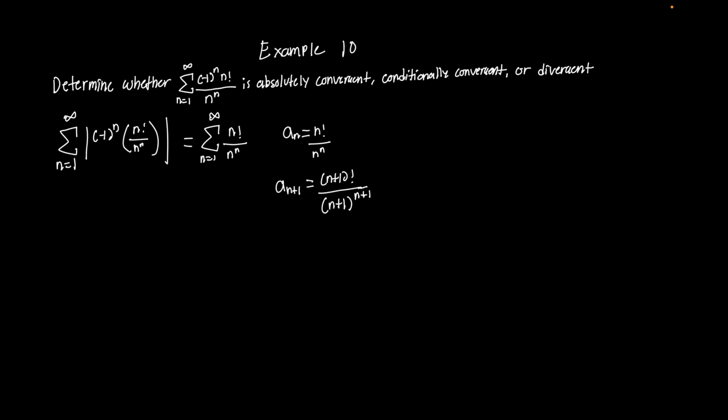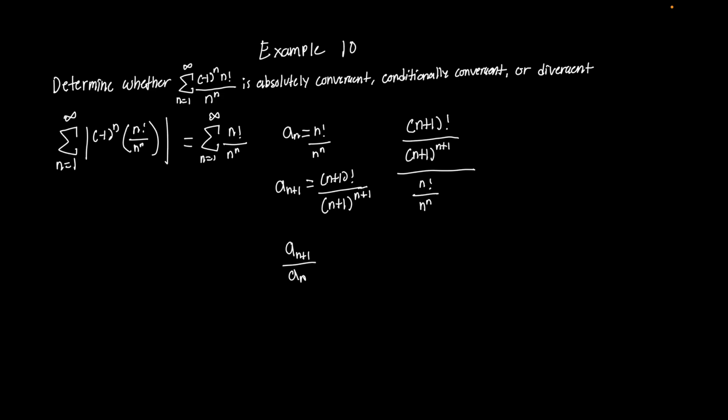So now we have to take the ratio of both of these, remember? It's a sub n plus 1 over a sub n. So we'll do this on the side. It's going to be n plus 1 factorial over n plus 1 times n plus 1, divided by n factorial over n to the nth power.